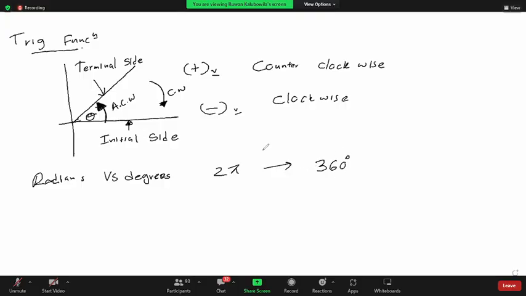If you have degrees, you can convert them to radians. So π is equal to 180 degrees. If you need to find the radians value of 60 degrees, then simply you can multiply by π over 180.